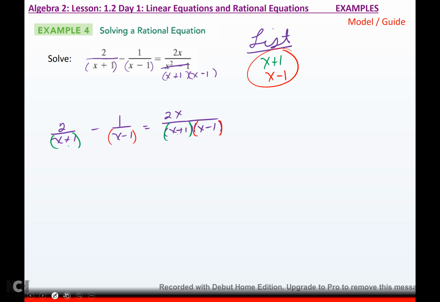That's what I need to multiply through by. So I'm going to multiply everything through by x plus 1 times x minus 1, x plus 1 times x minus 1, x plus 1 times x minus 1. And then we cancel.